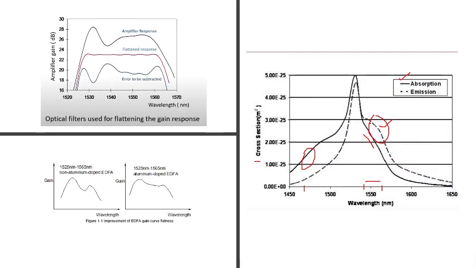But here you can see the emission rate is not flat. We want equal amplification for all the wavelengths we have in the C band from 1530 to 1560, but here the amplification or emission is not flat, and it relatively depends upon the wavelength.